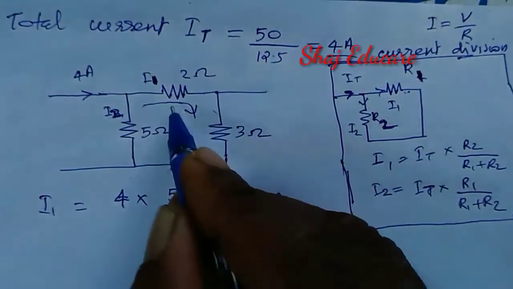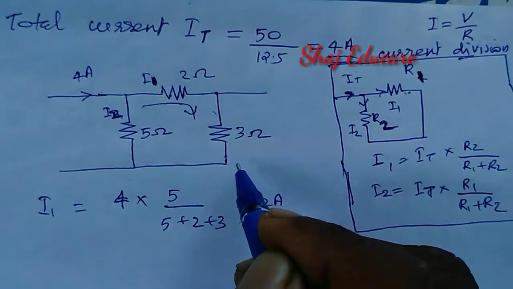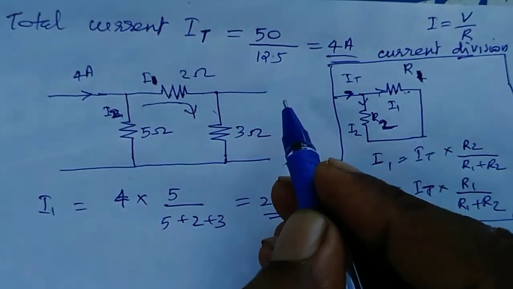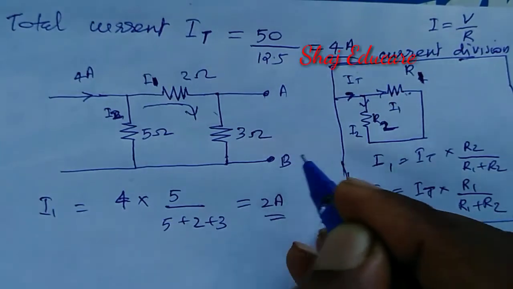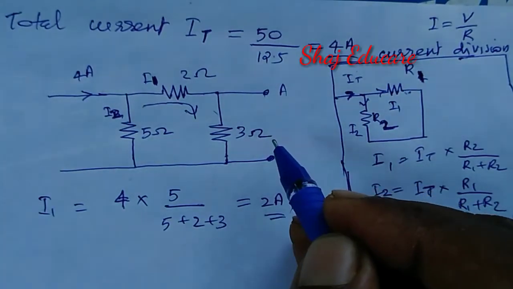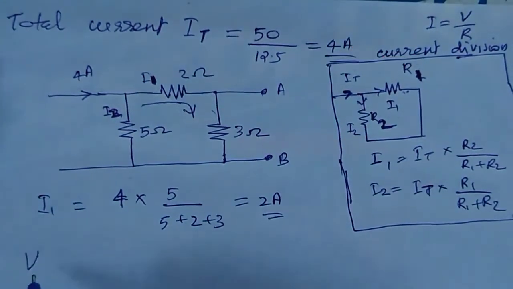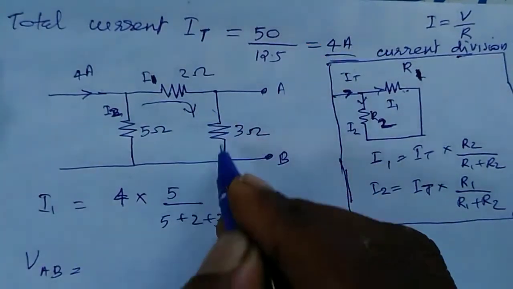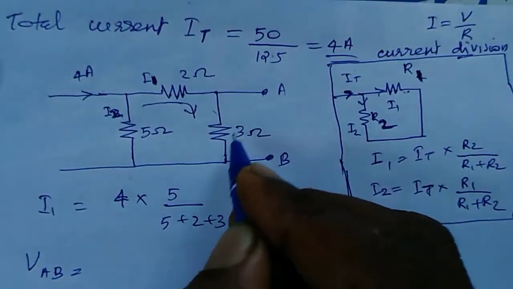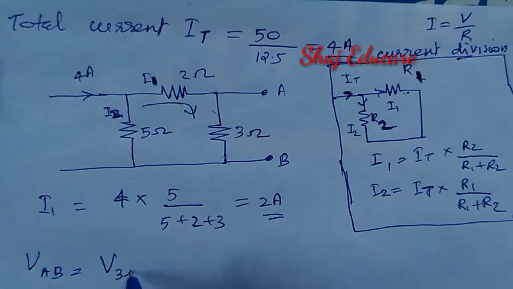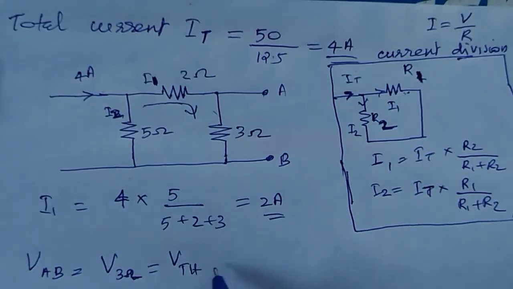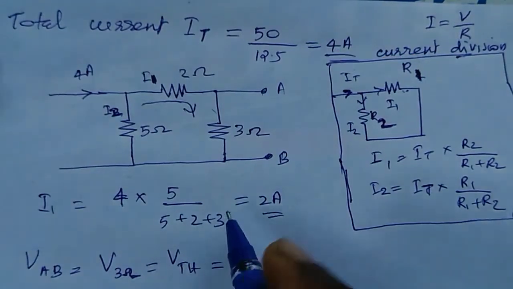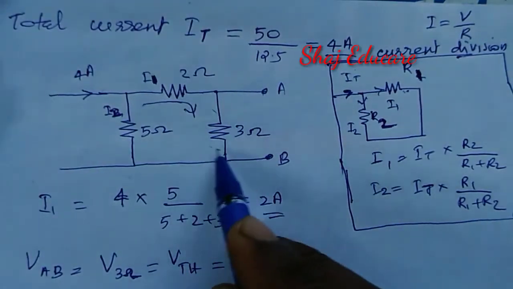Exactly the same current will flow through the 3 ohm resistance, and here we have A and B. Now we have to find VAB, that is the voltage across the 3 ohm, V 3 ohm. That will be our Thevenin voltage, VTH. What is the voltage developed across the 3 ohm resistance?